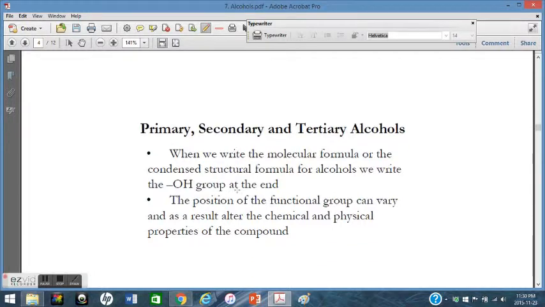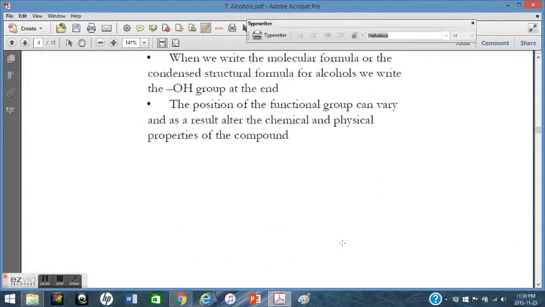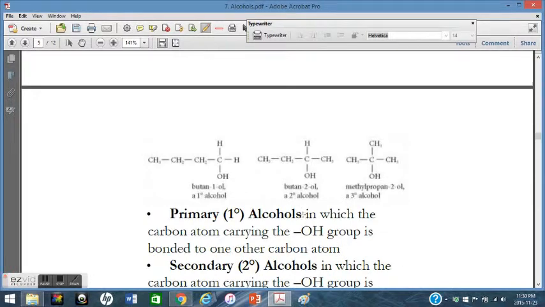And this sounds goofy the way I say it. Much easier to see once we look at some pictures. But the big thing here is that the position of the functional group can vary, and as a result, it will alter both chemical and physical properties.